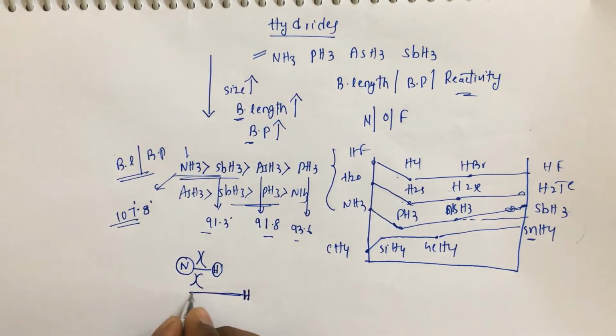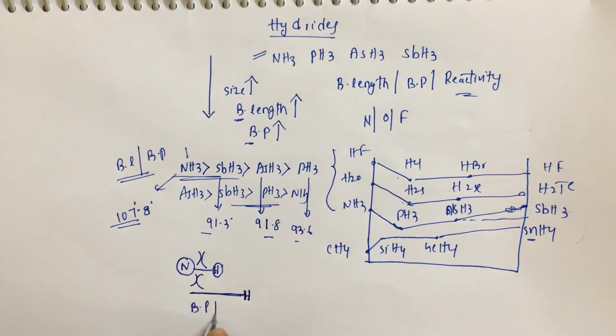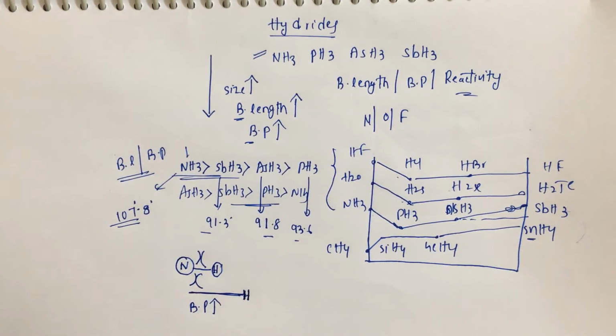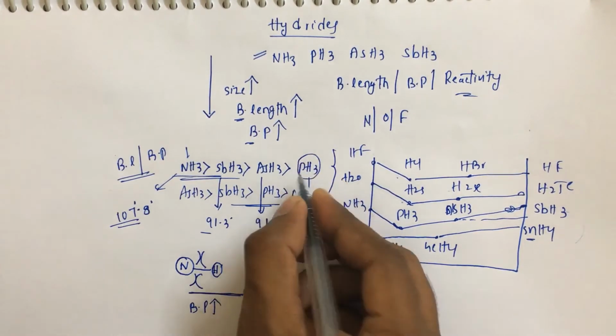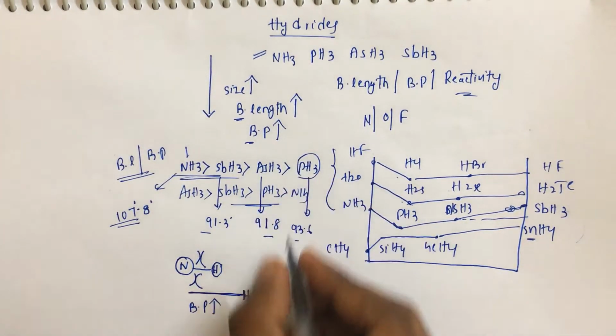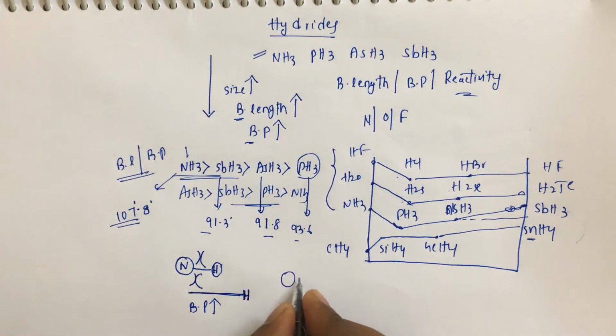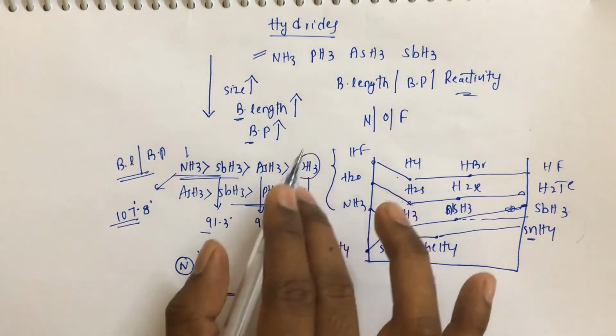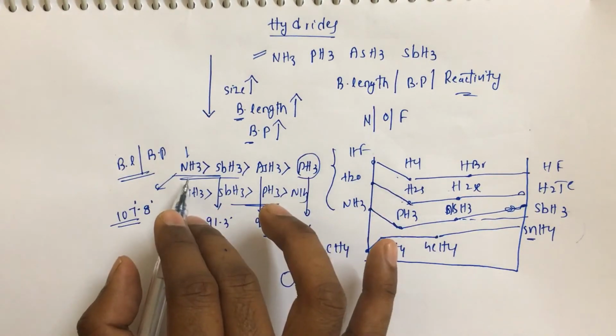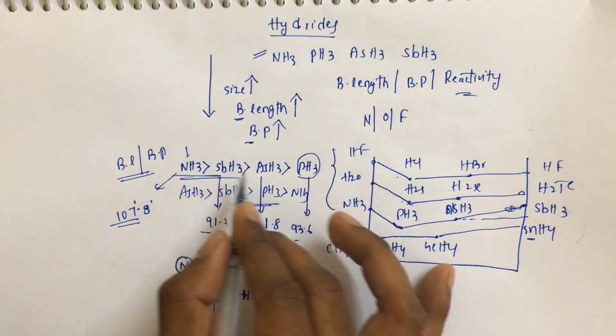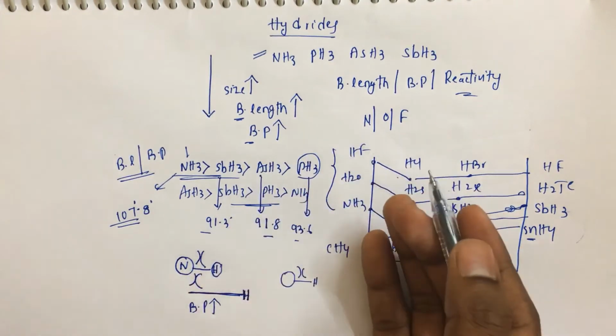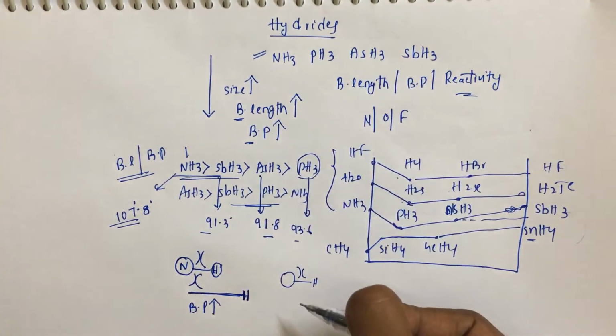So when bond length is increasing, automatically the boiling point also increases. The same effect will not be so much in the case of PH3, because it has a moderate size. So because of that, the repulsions will not be that much in PH3 as compared with NH3. And SbH3 and AsH3 have bigger size, because down the group size is increasing.